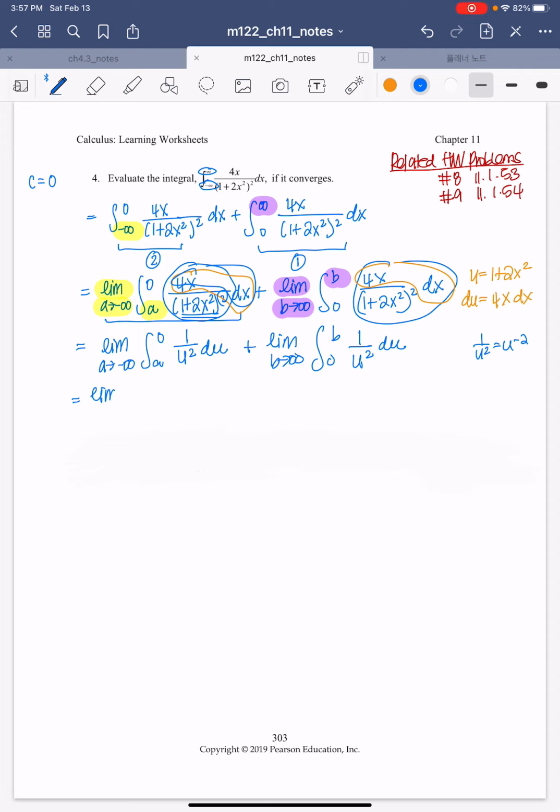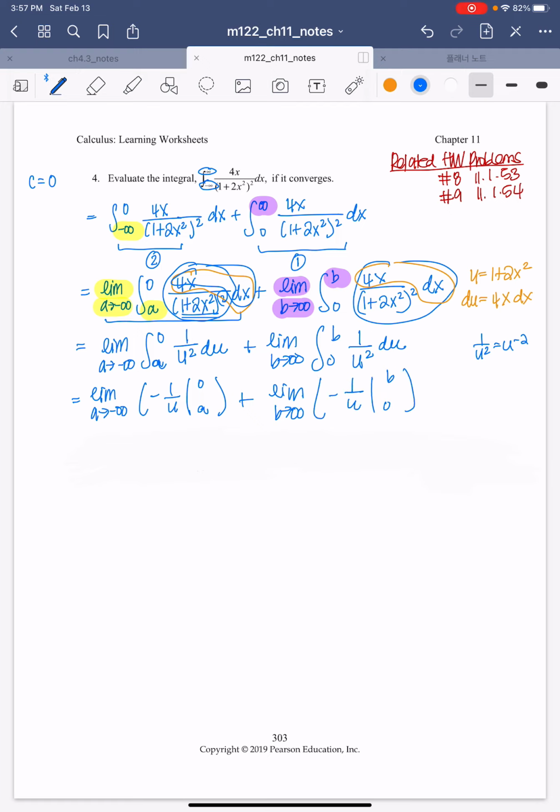My integral will be negative 1 over u, evaluating from a to 0. Similarly, the limit as b approaches infinity, negative 1 over u, from 0 to b.